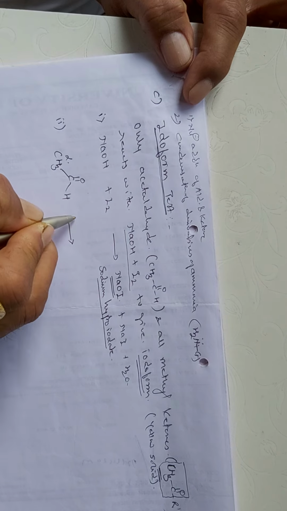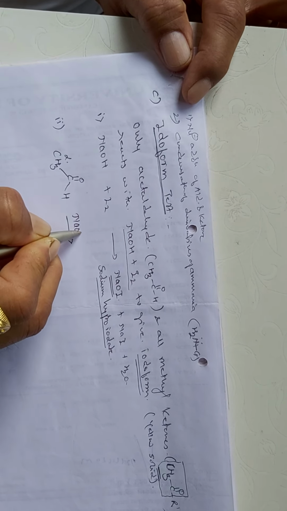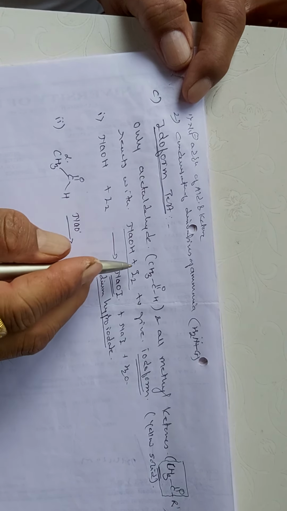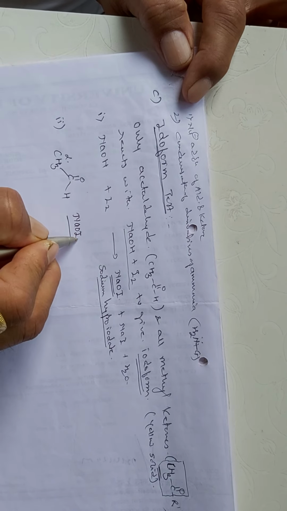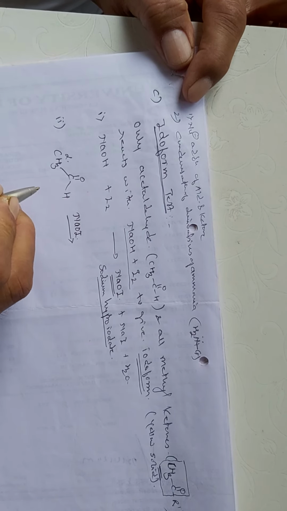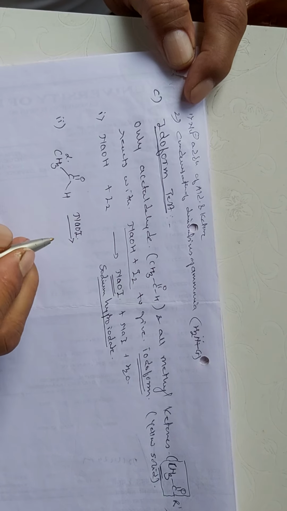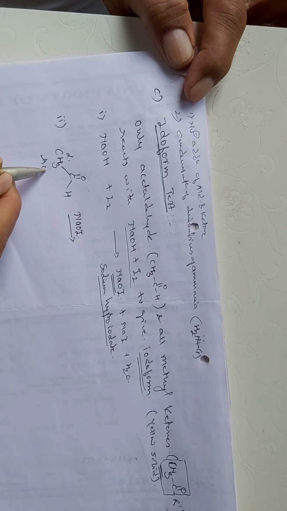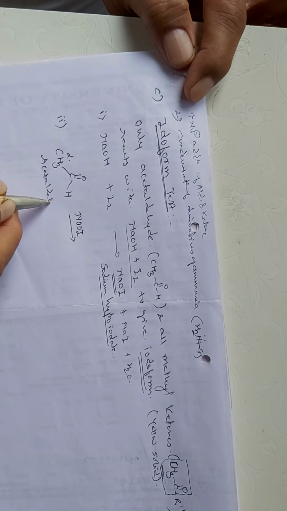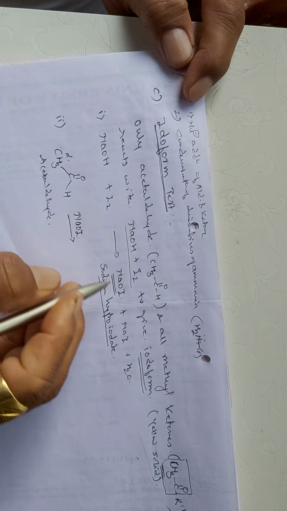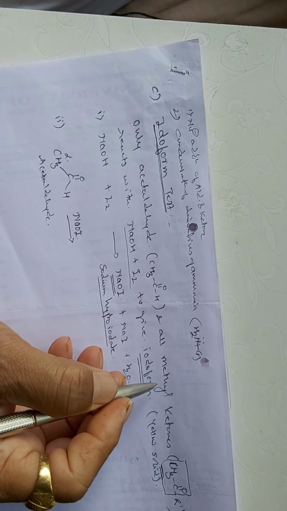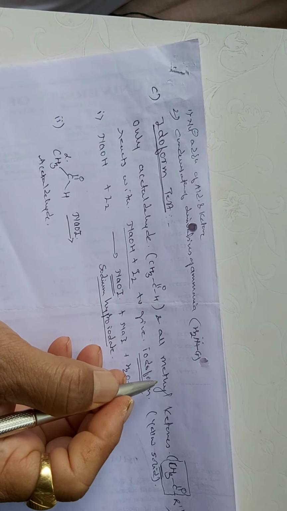It reacts with sodium hypoiodite, only acetaldehyde and not any other aldehyde, and all the ketones with methyl group, that is methyl keto compounds.